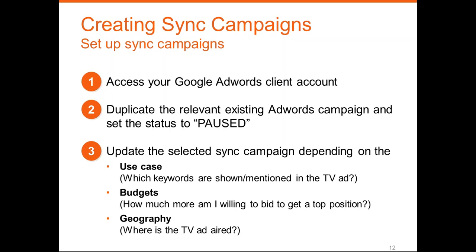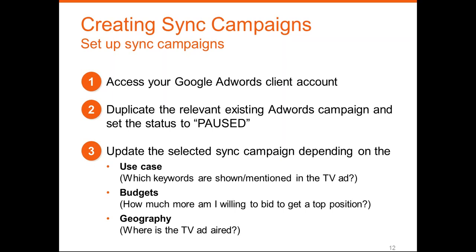So if you were to set up a synced campaign and use different ad text that you've never used before, such as copy specific to the TV ad that's just airing, you are going to start with very low scores because you have no history.